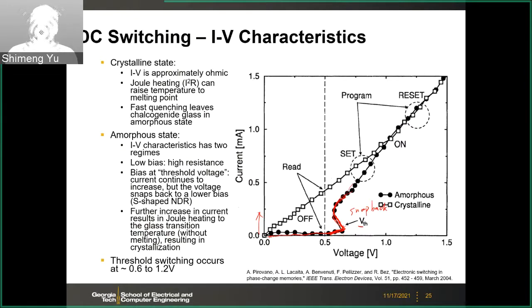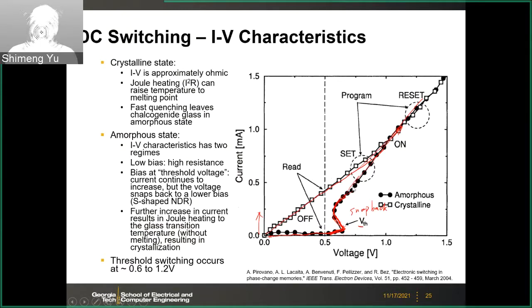And then you further increase the current. So the device will go through the set process by the DC. And after that, if you sweep the voltage again, then the device will follow this curve. So I would say that in the DC measurement, you can only do the set operation. You cannot do the reset.